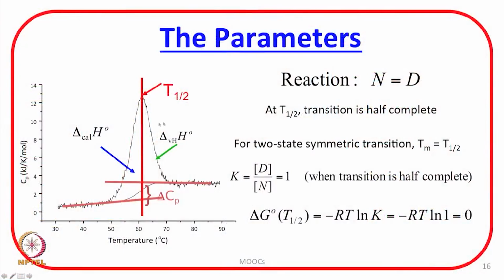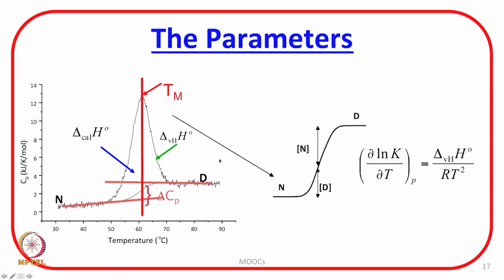And you see, I am also writing here delta H Van 't Hoff. We can get Van 't Hoff enthalpy. How do we get Van 't Hoff enthalpy? Van 't Hoff enthalpy can be obtained if I can express the equilibrium constant as a function of temperature.